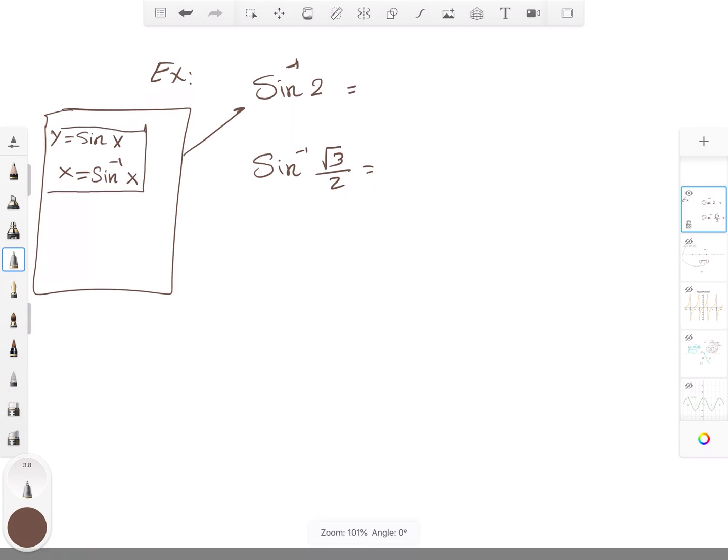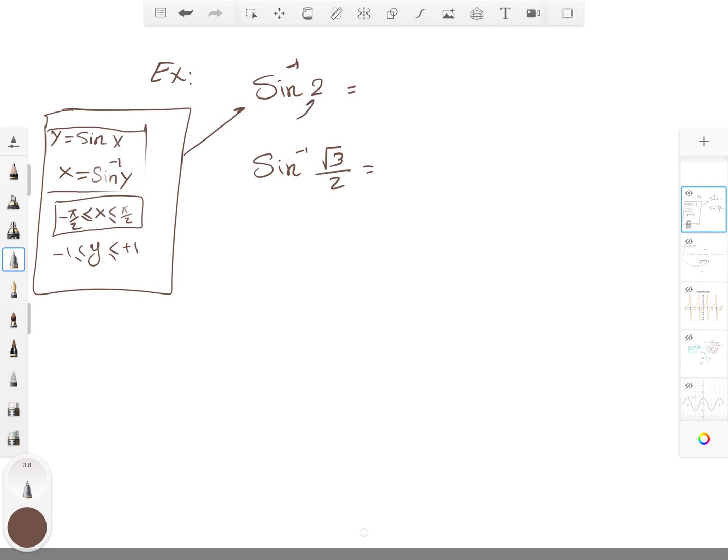This is true if x is between negative pi half and pi half, and y must be from negative 1 to positive 1.